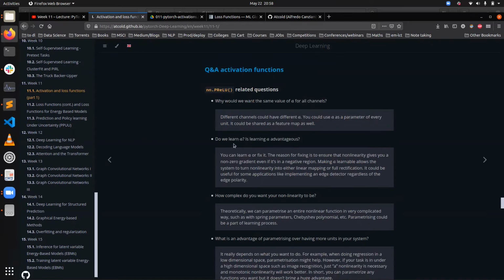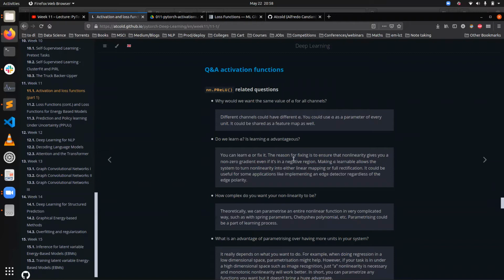Do we learn A? Is learning A advantageous? You can learn A or fix it. The reason for fixing it is to ensure that the nonlinearity gives you a non-zero gradient even if it's in a negative region.